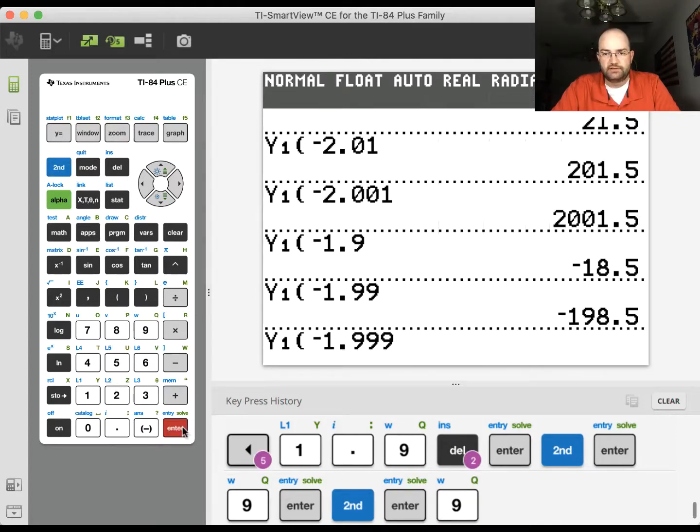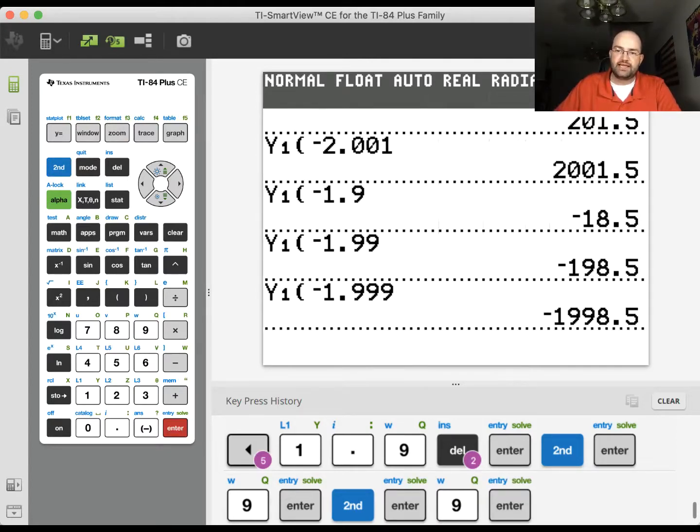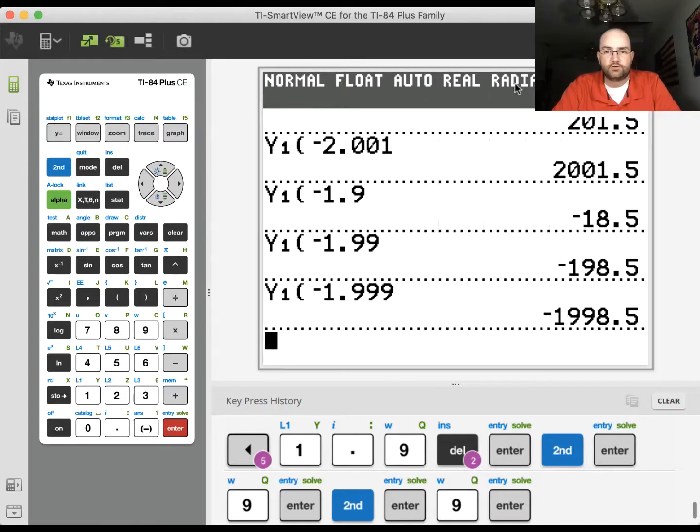Another 9, negative 1,998.5. And another 9 gives us negative 19,998.5. So as x gets closer and closer to -2 from the right-hand side, this is getting smaller and smaller. In other words, it's going down towards negative infinity.